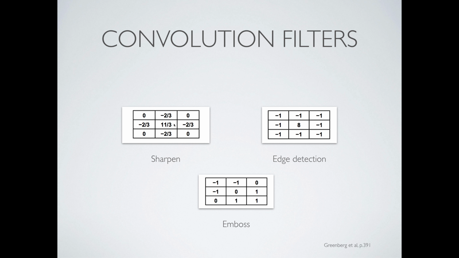We're talking here about 3x3 matrices, but there are certain effects that will have bigger dimensions, 5x5 matrices and things like that, and larger. But you can see, for example, a matrix like this.